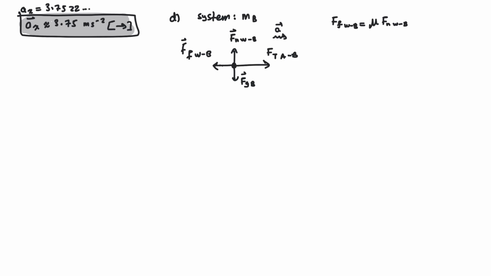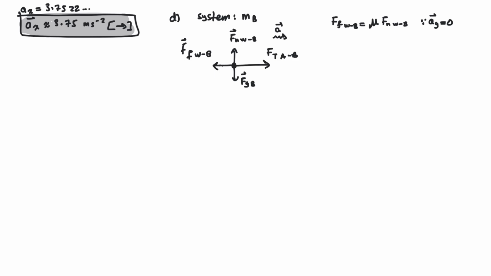I'm just finding the magnitude here. I don't need the direction. So in terms of magnitude, this is the equation. The normal force acting here, in terms of magnitude, is going to equal the gravitational force, since acceleration in the y direction is equal to 0.